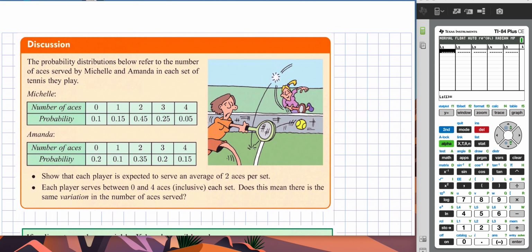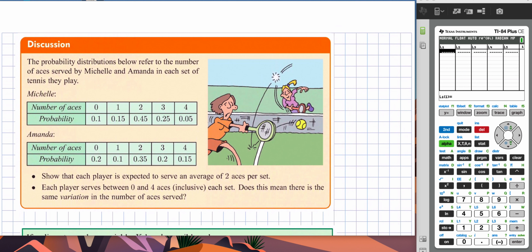Remember from yesterday's lesson, the expected value, say for Michelle, we would say, okay, we need to get the sum of each of the probabilities multiplied by their number of aces. So we would have 0 times 0.1 plus 1 times 0.15 plus 2 times 0.45, etc., and get through there. And we would get a value.